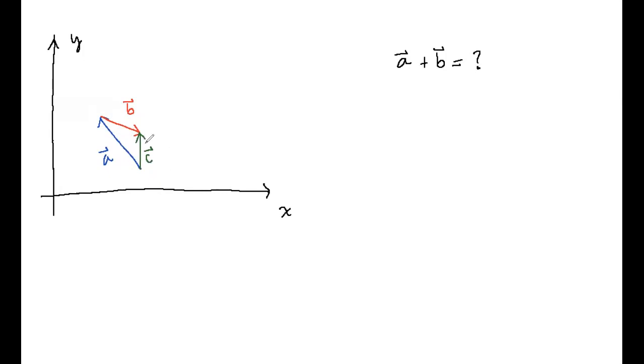Now, if you were told to add A to B to get C, and then you were asked, can you describe to me the vector C without drawing a picture of it? How would you do it? Well, you would say that C is equal to a certain number, C meters.